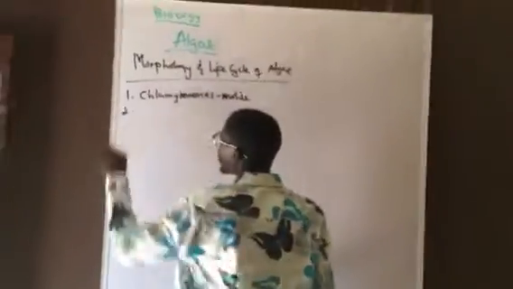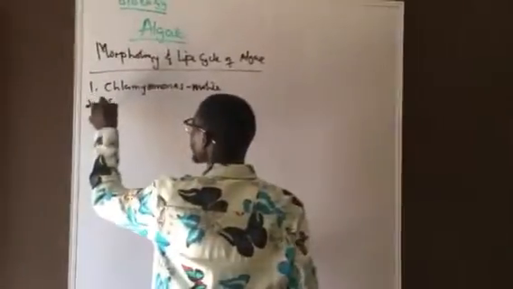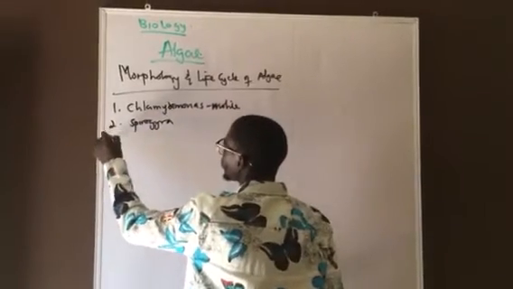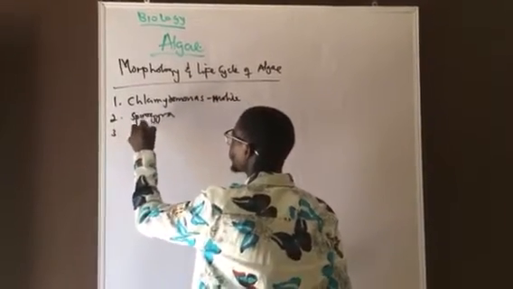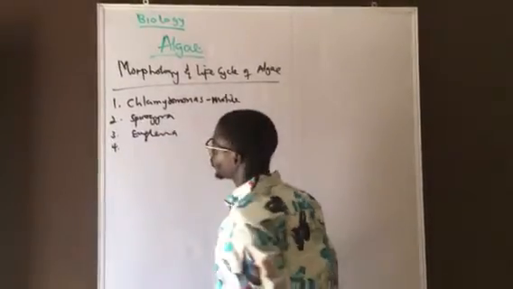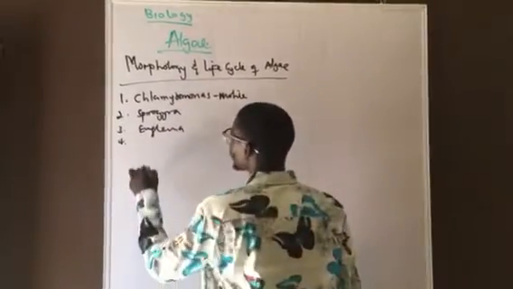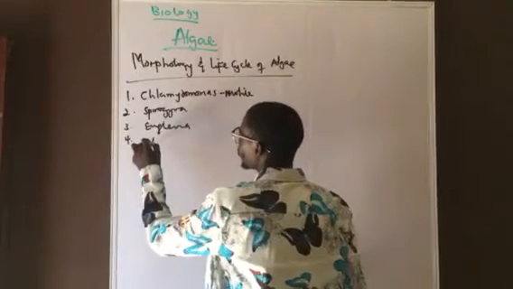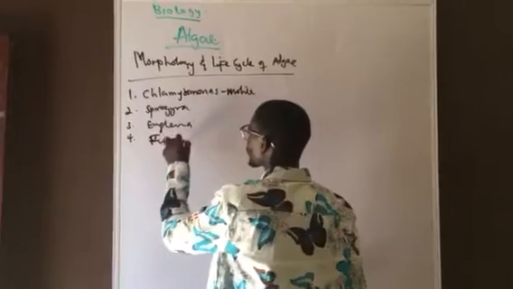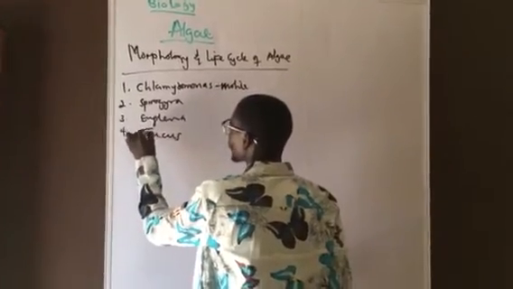We're going to talk about Spirogyra. We're going to talk about Euglena. Then we have Fucus. That's the thalloid algae.